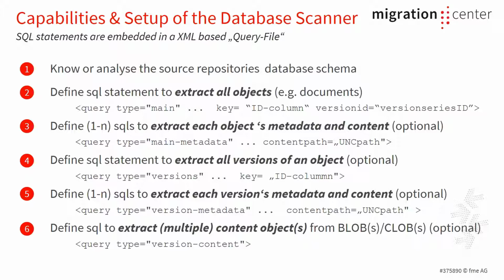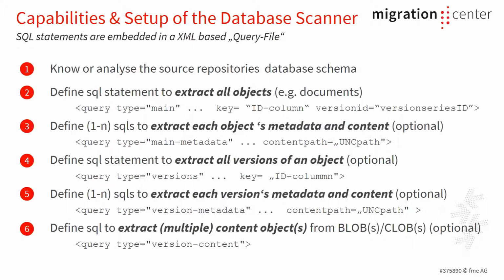If it's a homegrown system, a custom-built application, even better, probably you already know the database schema. At the point in time when you know the database schema, the analysis, I will show this in the demo later on, is typically much more straightforward than you might expect.